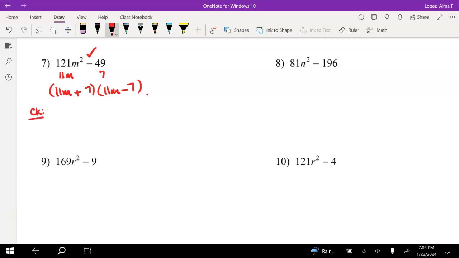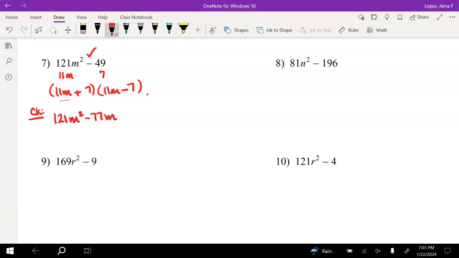And again, we're not going to do a check on all of them, just when we need it. I'm going to start by just doing FOIL there. I'm going to distribute the 11m onto the second parentheses. 11m times 11m is 121m squared. 11m times negative 7 is negative 77m.